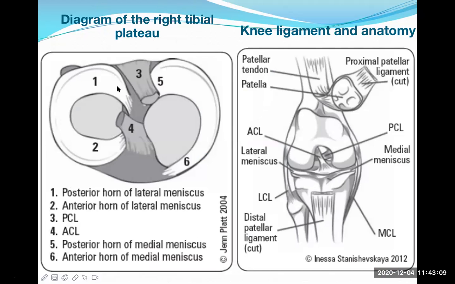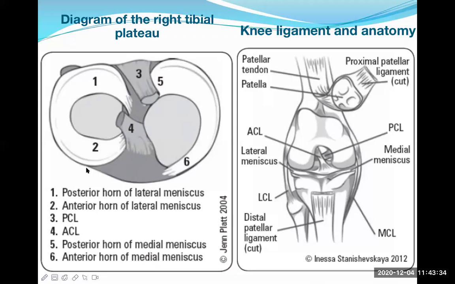Number 1 is the posterior horn of the lateral meniscus, 2 is the anterior horn of the lateral meniscus. This is the medial meniscus with its anterior and posterior horns, and these are the cruciate ligaments. Number 4 is anterior and number 3 is posterior.